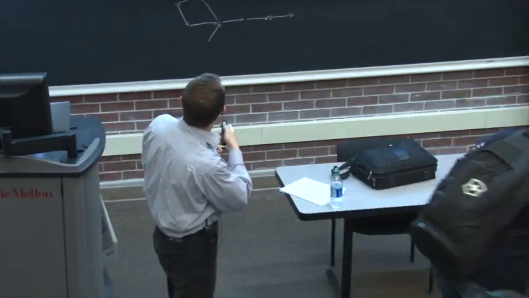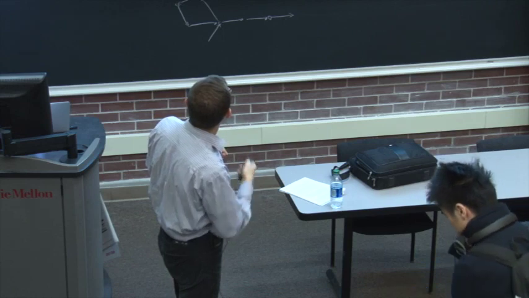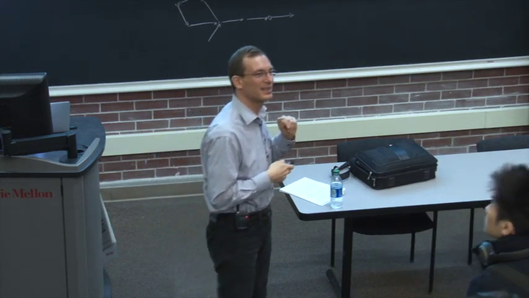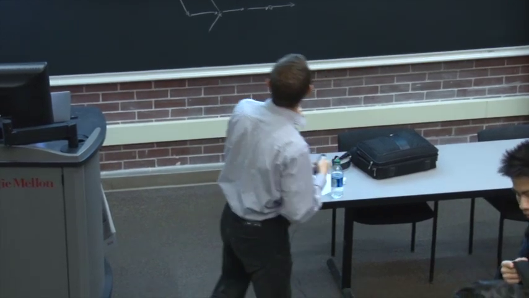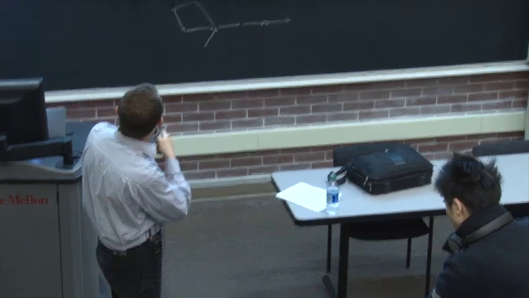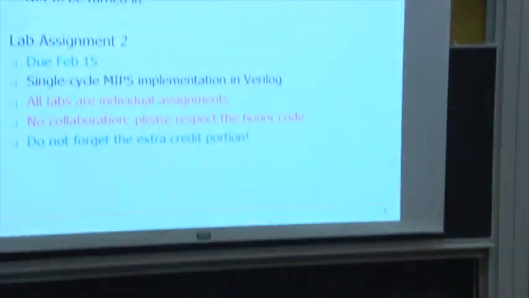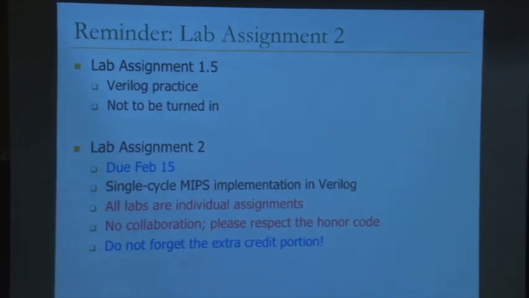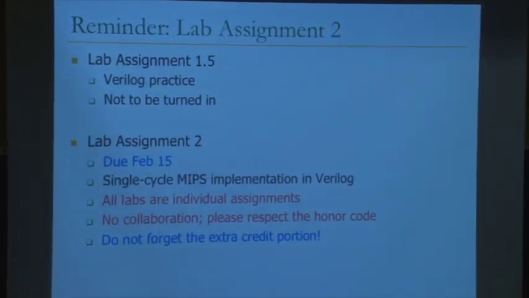Okay. And homework 1 solutions were out, so hopefully if you attended the recitation session Friday, you should know this. I didn't announce this, but Lab assignment 2, it's due February 15th. Get started. Some of you are already considering the extra credit, which is good. And before doing the extra credit, you should complete the first part, the normal credit part.